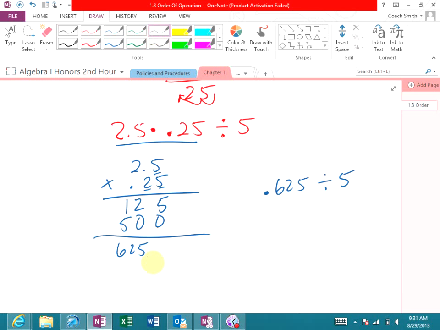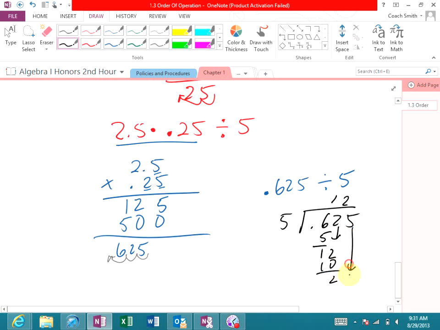Once again, you got to move it 3 places to the left. That's how we got 0.625. So that gives me 5 into 0.625. Now, there's no decimal on the outside of the division bracket, so I don't have to move the decimal. That gives me 1, bring down the 2, 10, bring down the 2, so it's 25, that gives me 5. So 0.125.